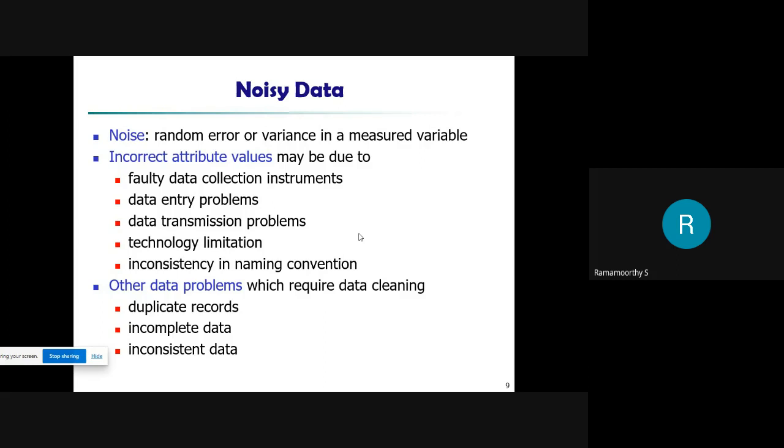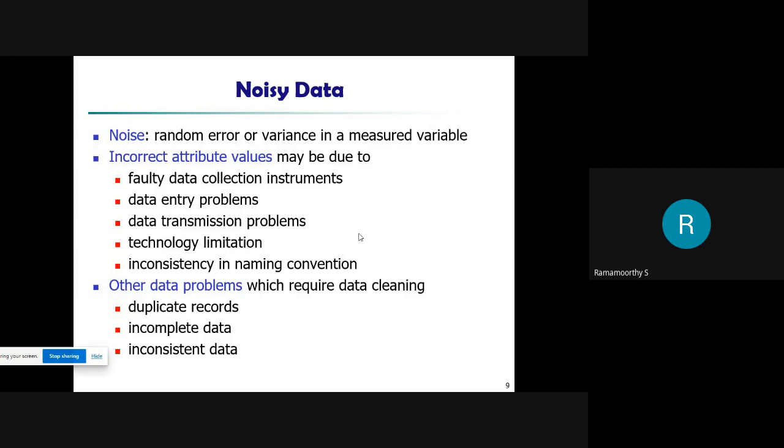And data transmission problems and technology limitation. In certain cases you will not be able to generate the data beyond that limitation because of the technology limitation. Inconsistency in naming convention, right?